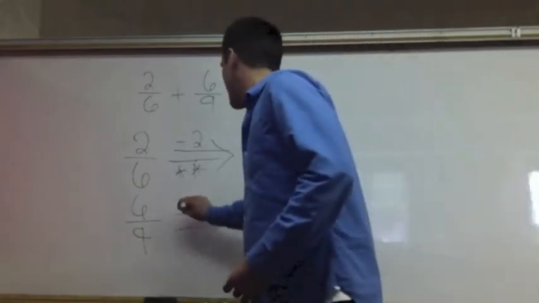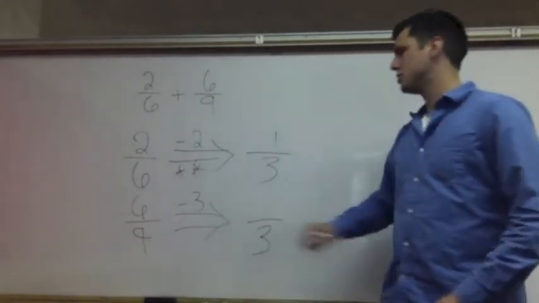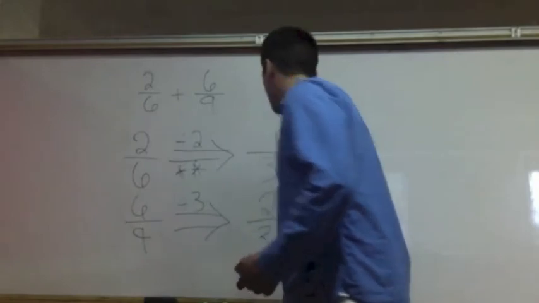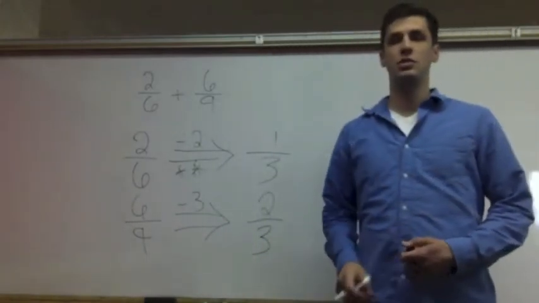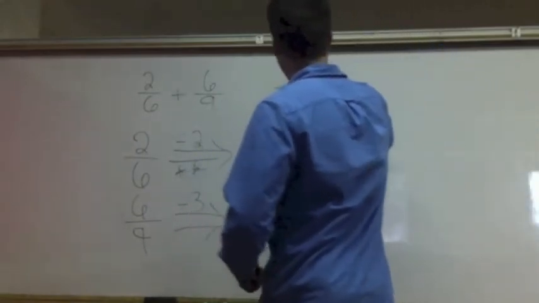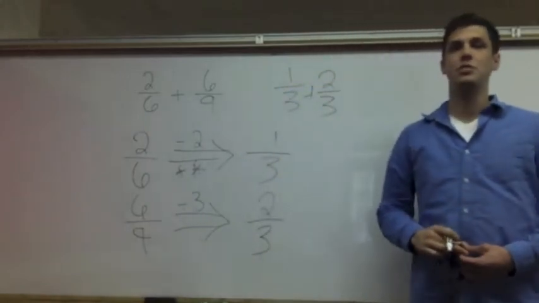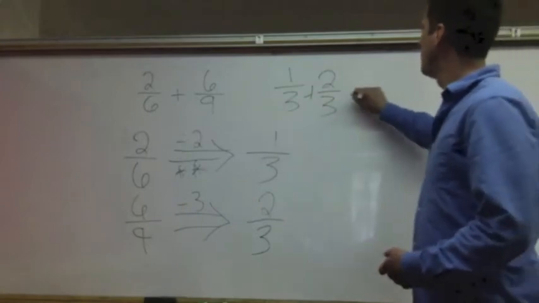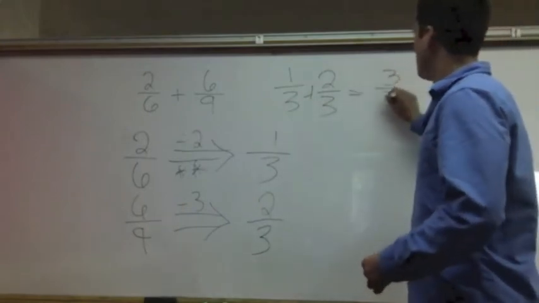Change factor of dividing by 3 will do that because 9 divided by 3 equals 3. What is 6 divided by 3? That is 2. Now we have 2 new fractions, 1/3 and 2/3, which gives us a whole new addition problem. 1/3 plus 2/3. We can add these 2 fractions because the bottoms are the same. And that will equal 3/3.